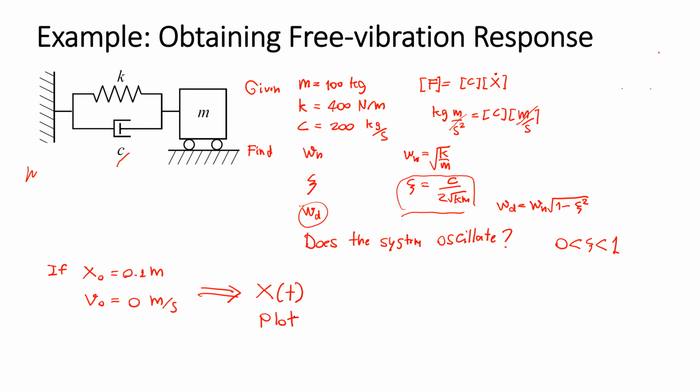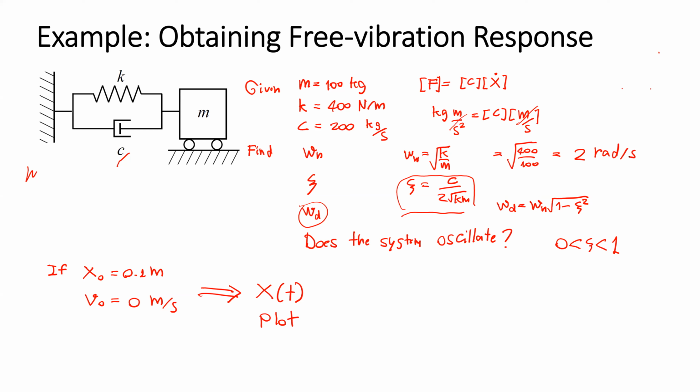In this case, omega n, the square root of k divided by m, is equal to 2 radian per second.